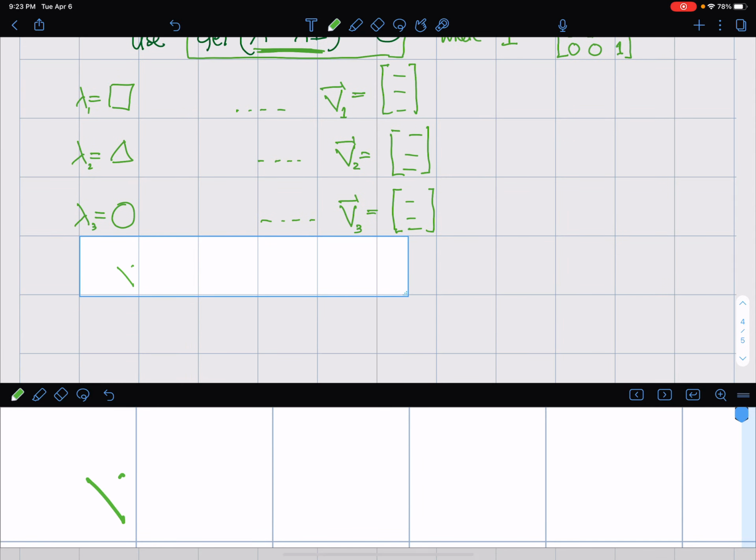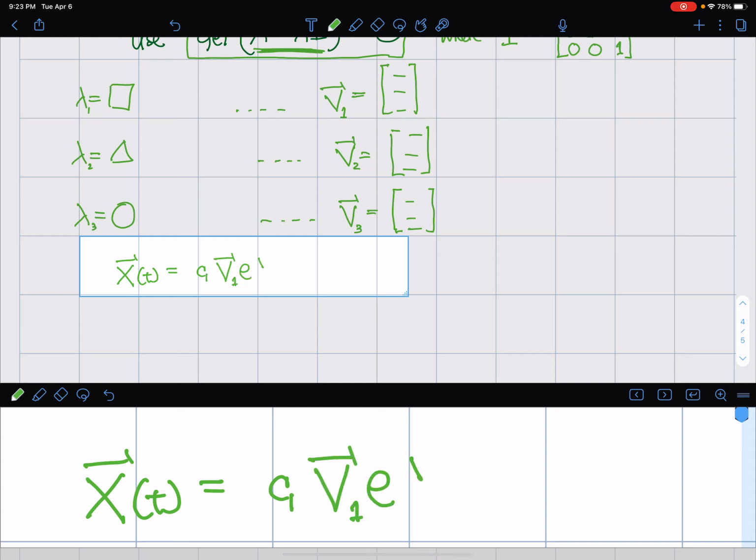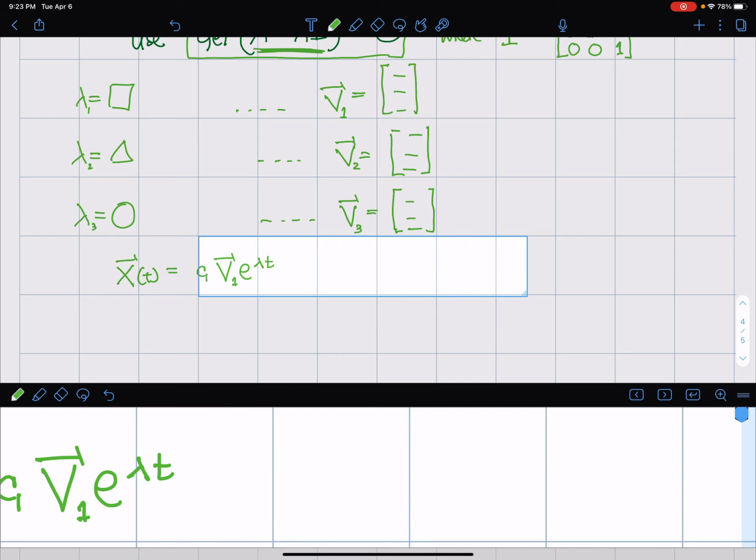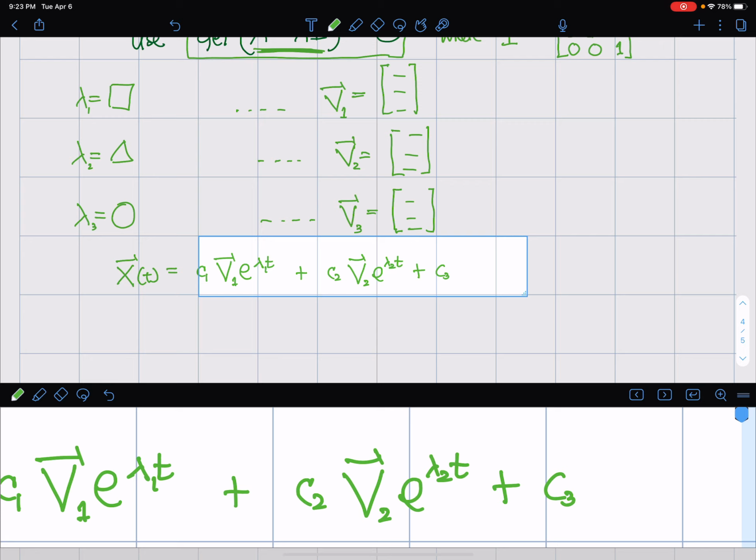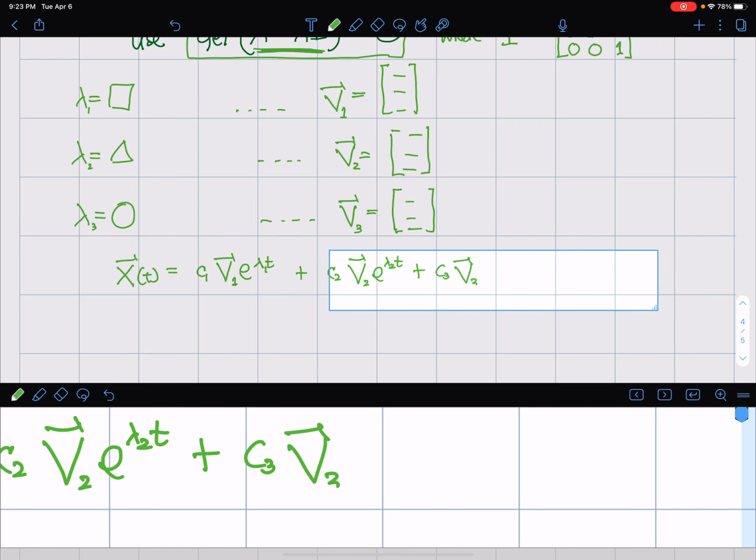Then your solution is just going to be x of t equals c1 v1 e to the lambda 1 t plus c2 v2 e to the lambda 2 t plus c3 v3 e to the lambda 3 t. And that's how you solve this.